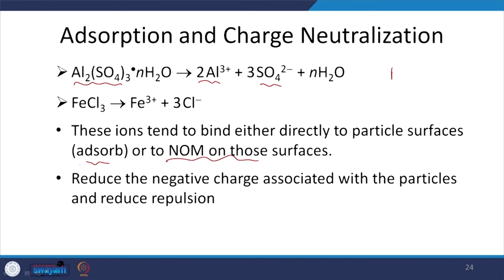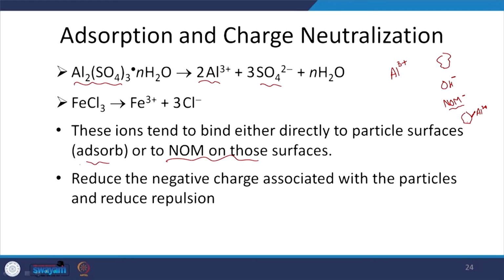Please note that Al3+ can bind to the particles of interest, or as I mentioned, it can form a complex with OH minus, or it can also form a complex with the natural organic matter, which typically has a negative charge. Or if the particle itself has NOM adsorbed onto it, Al3+ can also go there and neutralize the charge of this natural organic matter.